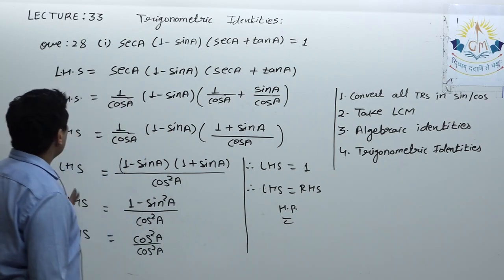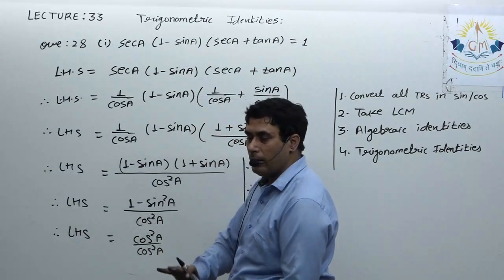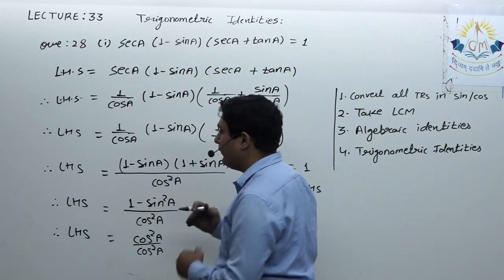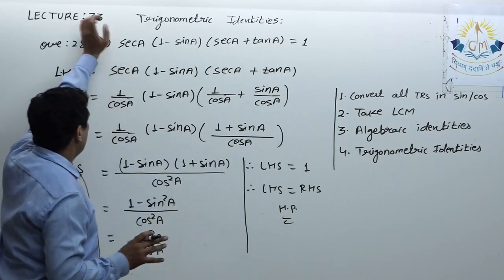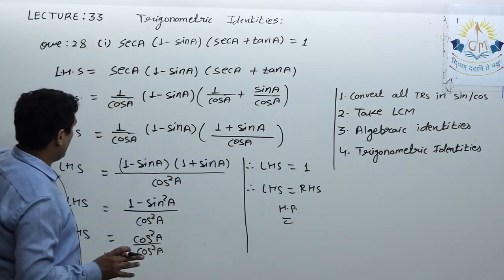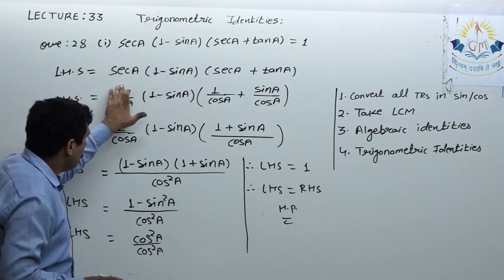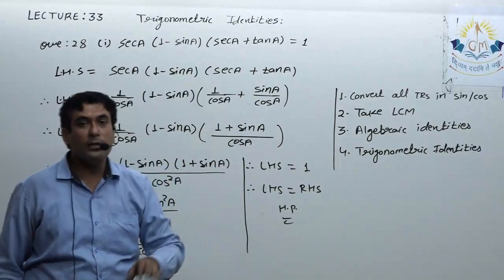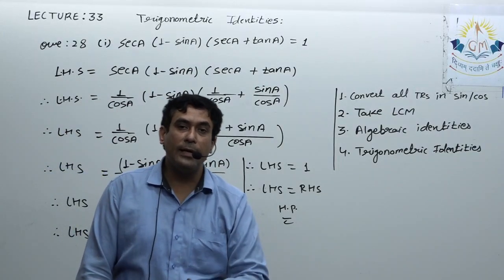Now, before we come to the next question, let me explain this once again because this is a very important concept. So I started with the left hand side, and the very first thing I did was convert the trigonometric ratios in terms of sine and cos.